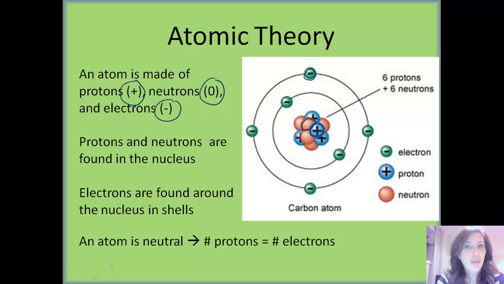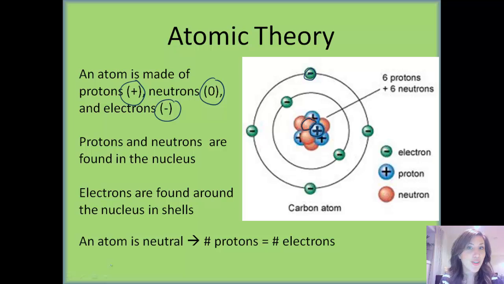You might already notice their orientation. The protons and neutrons are packed really tight right in the middle of the atom, in the area we call the nucleus, and then the electrons are spread broadly around the outside, and they form different layers called shells, and the electrons form the bulk of the atom.